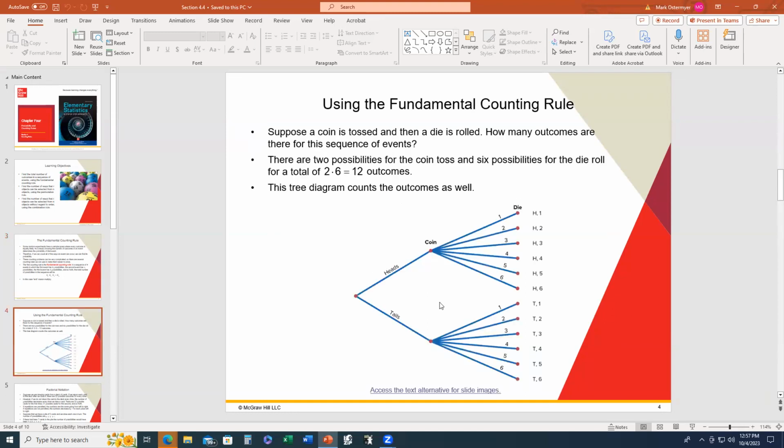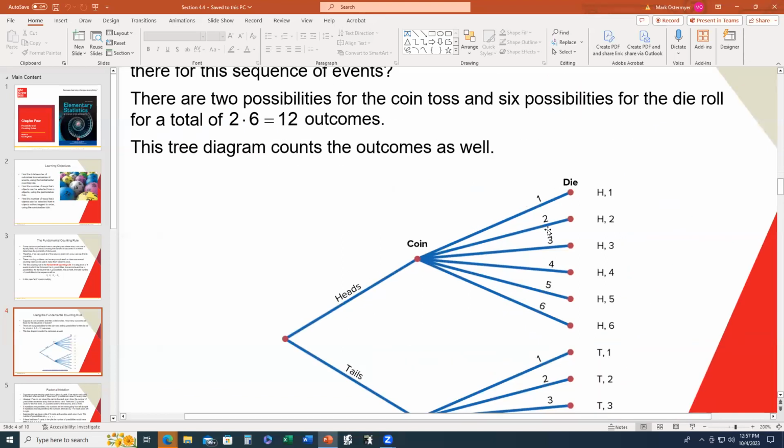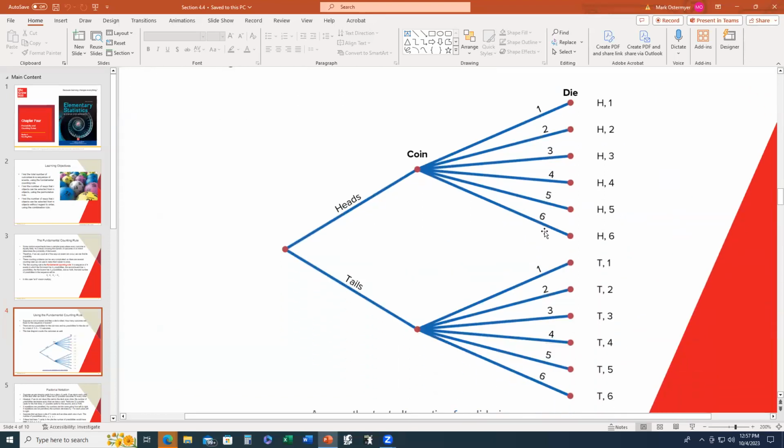All right, let's see if we can look at an example here. Suppose a coin is tossed and then a die is rolled. How many outcomes are there for this sequence of events? Well, they have a tree here to enumerate all the possible outcomes that could occur. When you flip a coin, two possible outcomes could transpire. Either you flip a tail or heads.